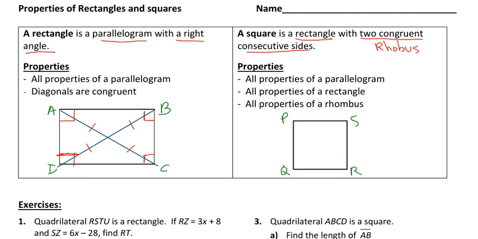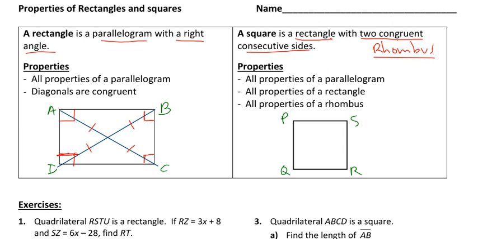Therefore, a square is both a rectangle and a rhombus at the same time.